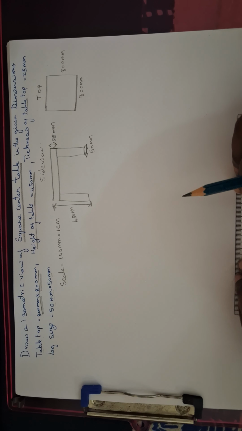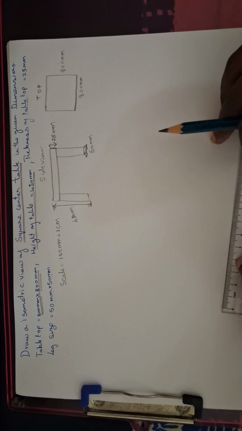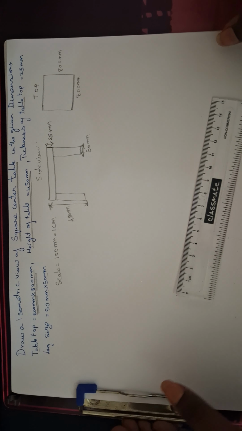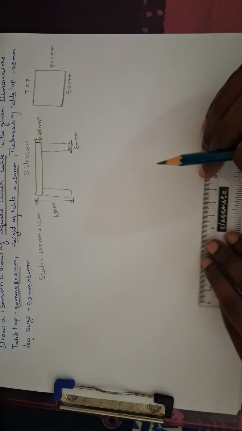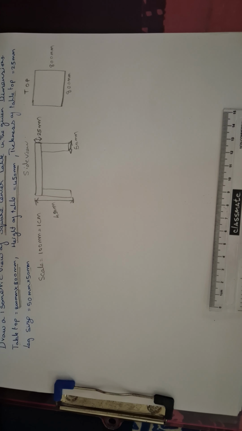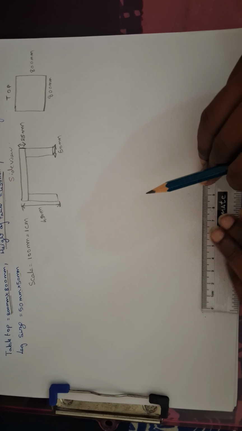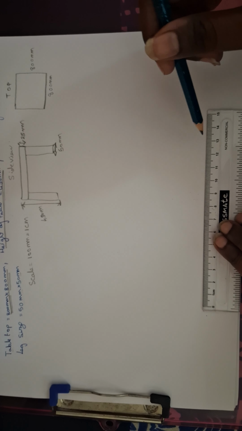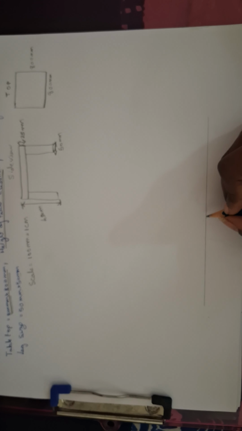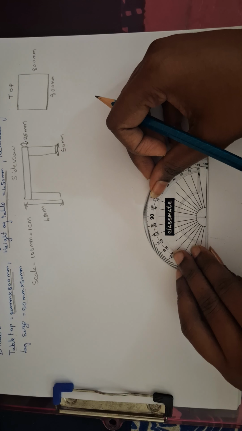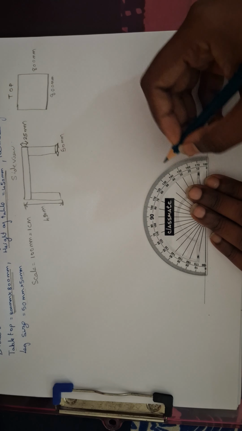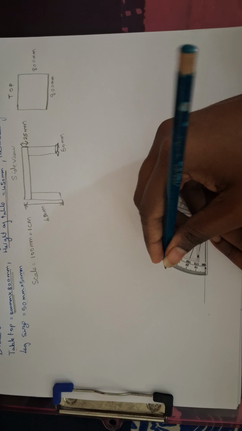So let me draw the isometric view. So we have to start by drawing the baseline of the table, and after drawing the baseline I am just marking a point and using a protractor going to mark 30° on either side.